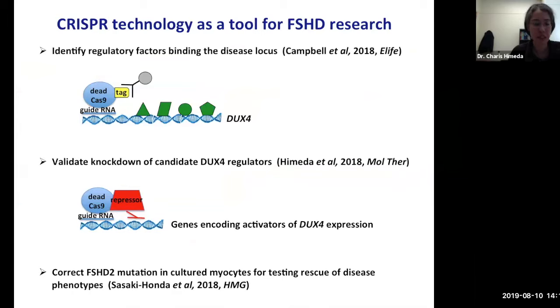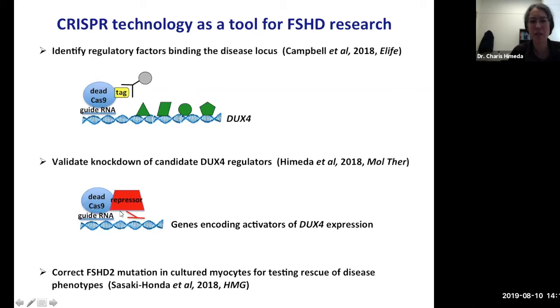And just as a side note, I want to mention that CRISPR technology is also useful as a tool for FSHD research. So far it's been used to identify regulatory factors binding the disease locus by Steve Tapscott's group. They used dead Cas9 fused to a tag, which allowed them to isolate the DUX4 gene with all of its associated proteins and then identify these proteins.